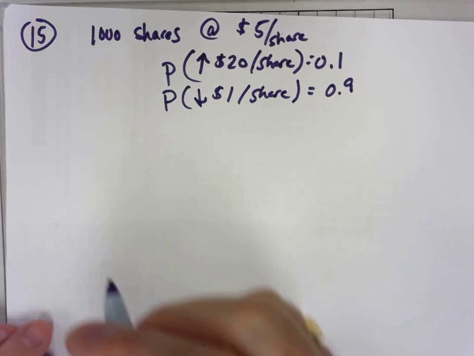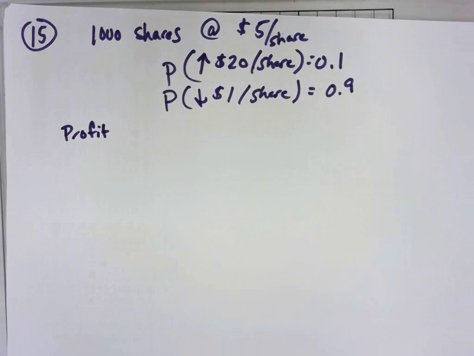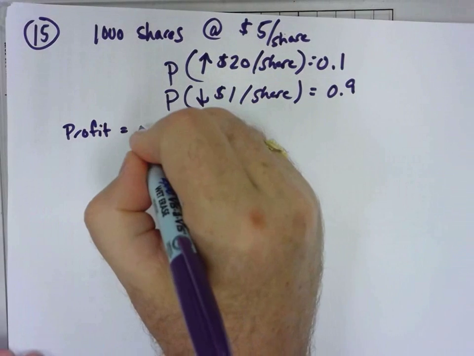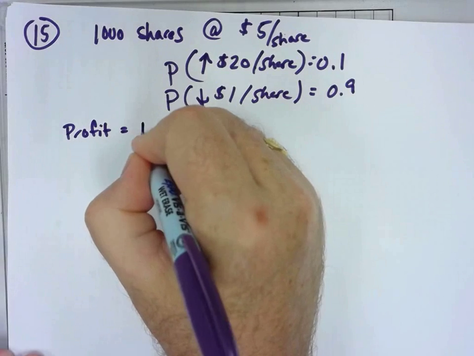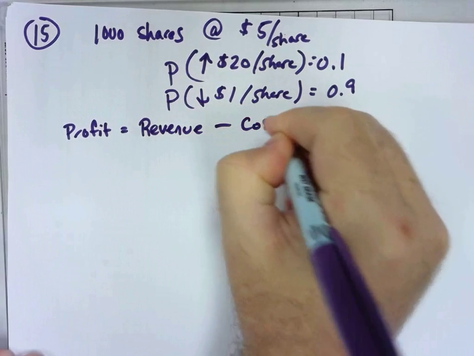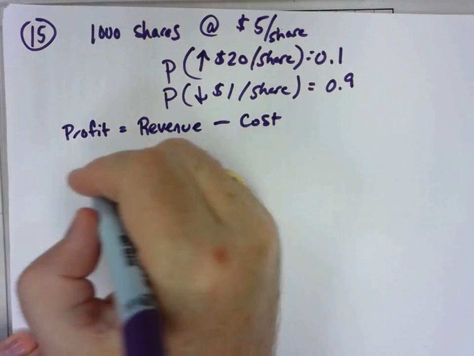Guys, what is profit? How do we define profit? After expenses, your expenses and your income. Okay, so it's basically revenue, your income minus your cost. Okay. So what are my outcomes here?